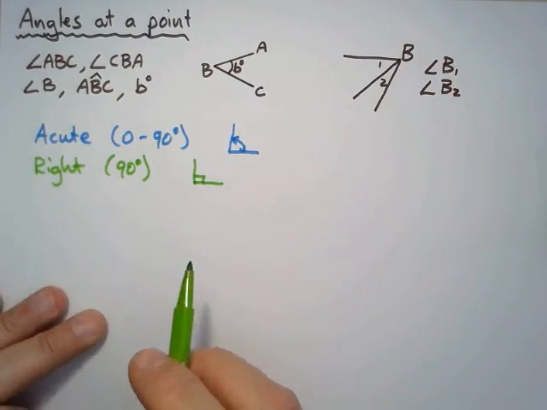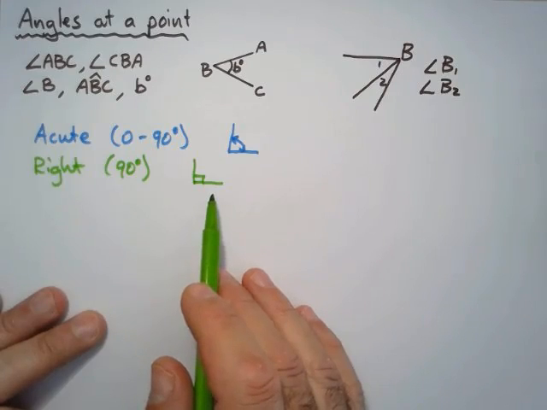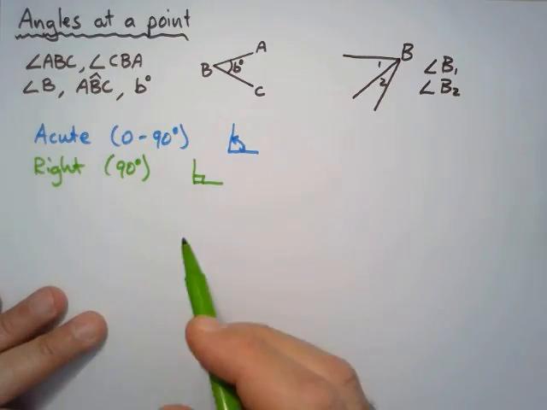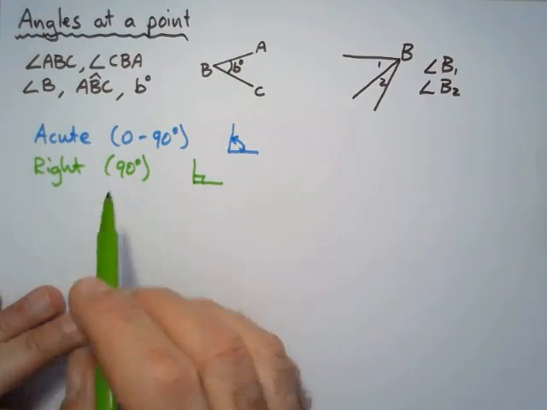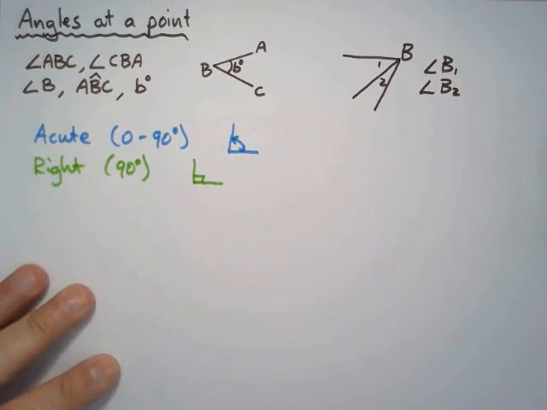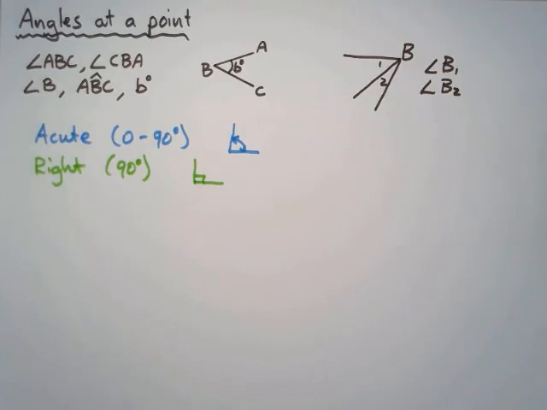Now in geometry, whenever you make a statement, you always have to give a reason. And to talk about a right angle, this is also the reason or the code that we use to refer to a right angle. The next one is if I go past 90 now, we will call that an obtuse angle.